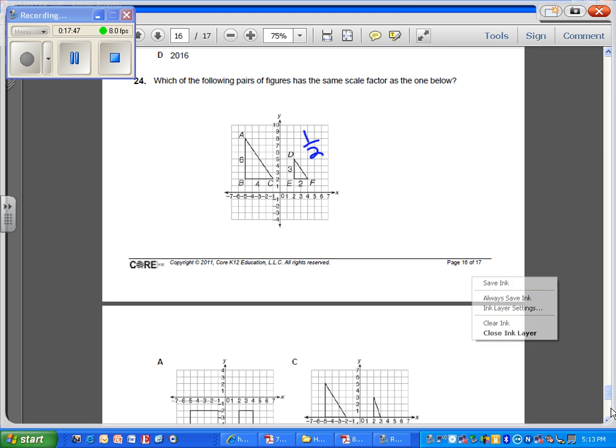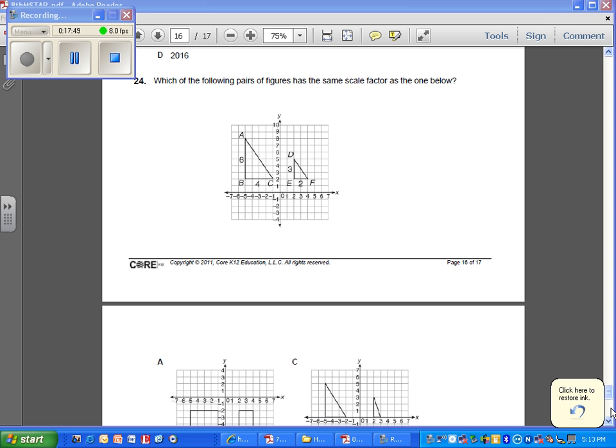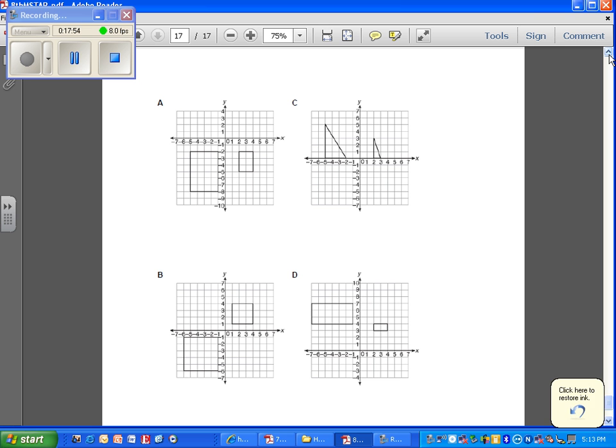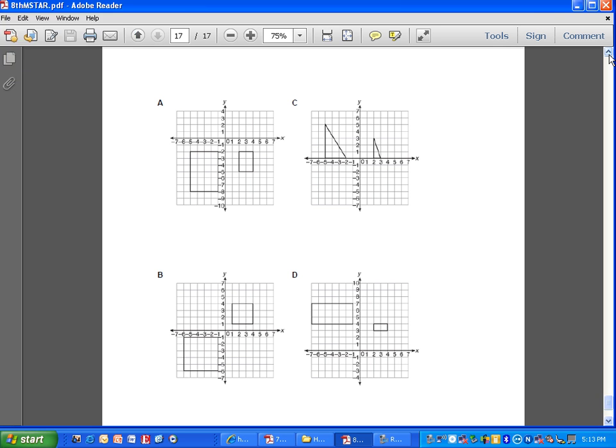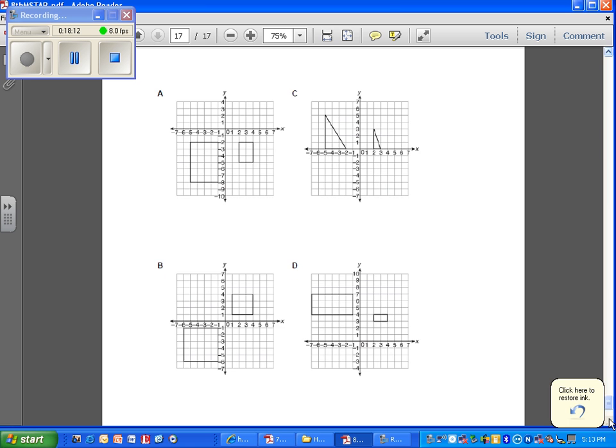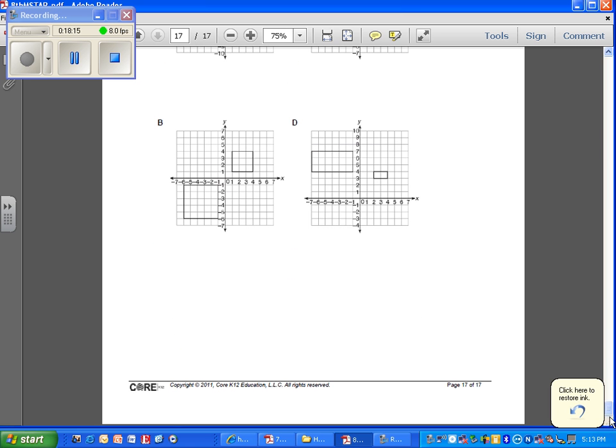So I'm looking for the same scale factor of 1/2, and it looks like it's going to be letter A. This is 1, 2, 3, 4, 5, 6 units. This is 3. This is 4 across. That's 2. So that's exactly 1/2 as well. And I think that's it.